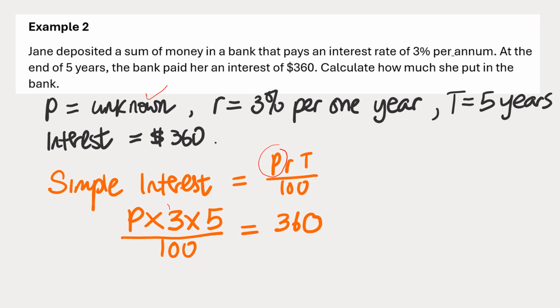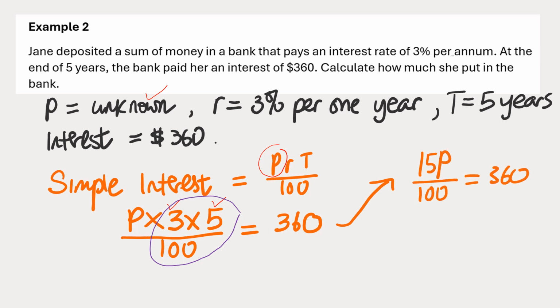The rate is 3% for 5 years over 100. And this portion here, you can just use your calculator to work it out. 3 times 5 is 15. So 15P over 100. So 15 divided by 100, that will give you 0.15P.